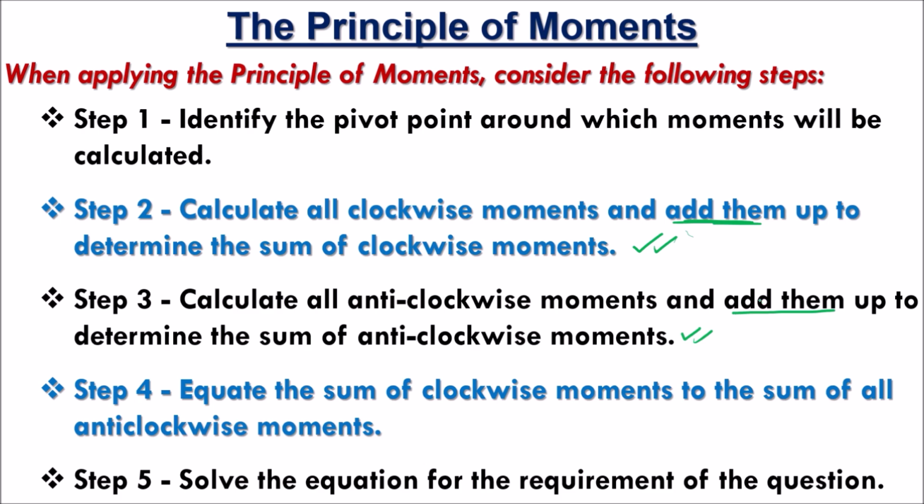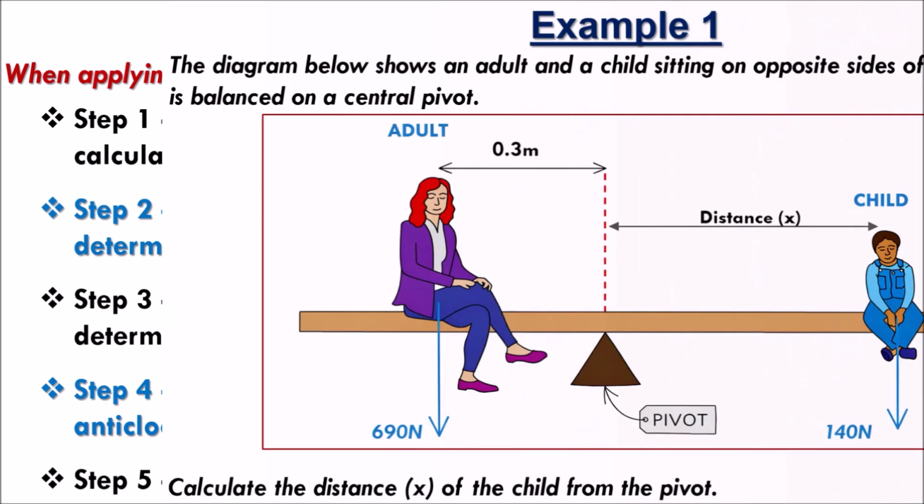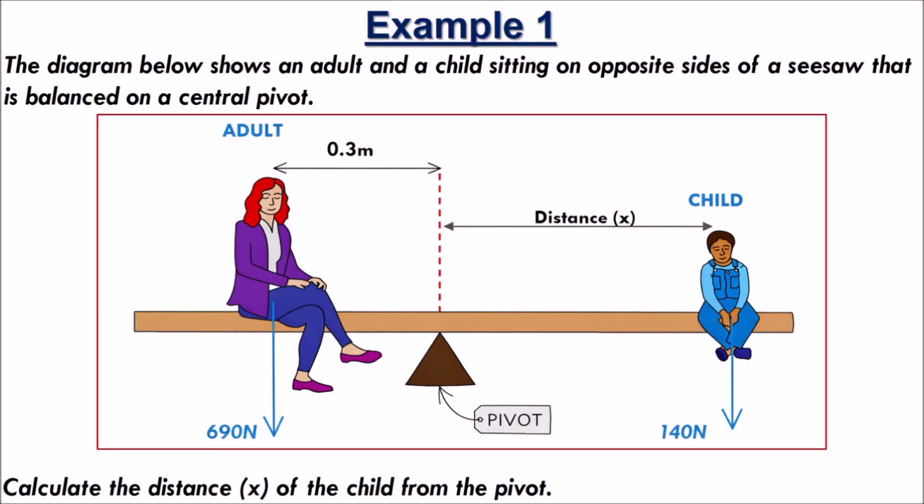Let's use an example to concretize this idea. The diagram below shows an adult and a child sitting on opposite sides of a seesaw that is balanced on a central pivot. The moment they say it is balanced, they are saying it is in equilibrium.